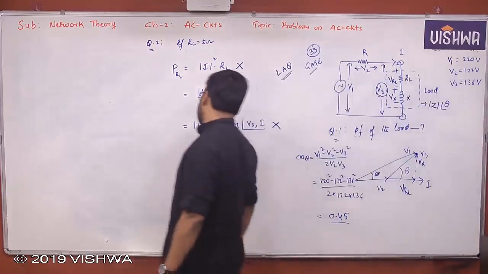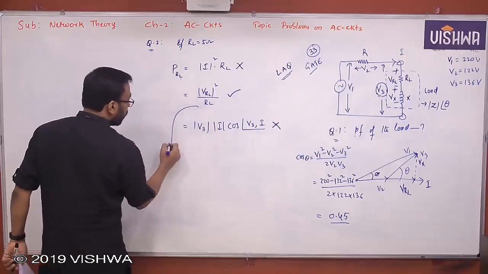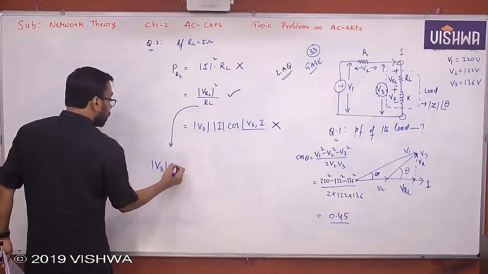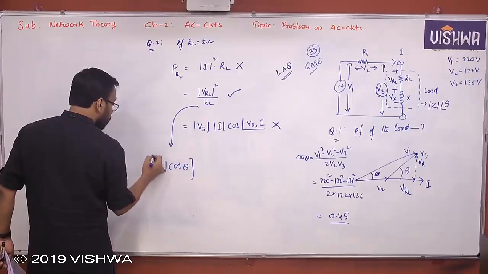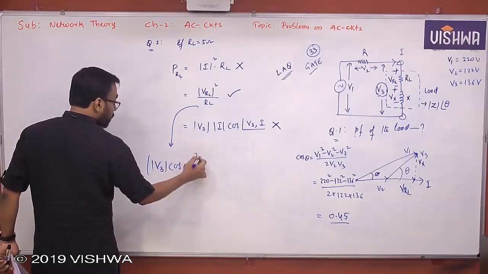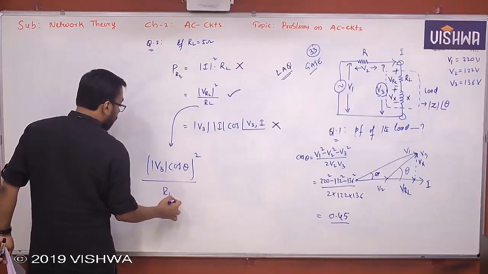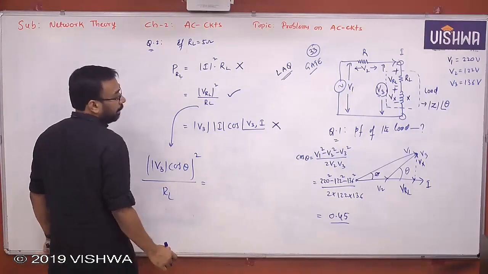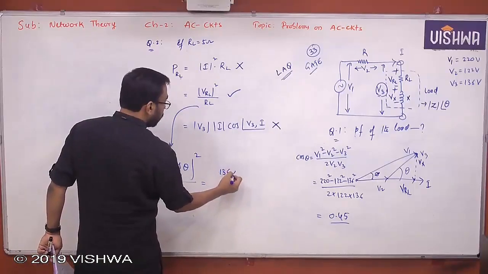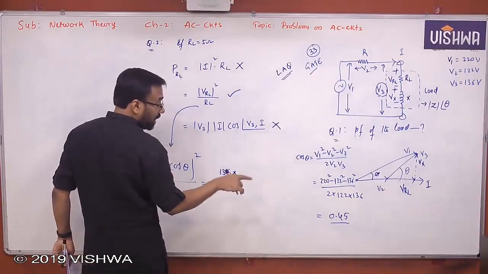Therefore, for the active power, you can use VRL, which is nothing but V3 cos theta in this context. Cos theta, RMS magnitude, square, by RL. What is V3? V3 is 136 into cos theta. Now you understand how it is linked.